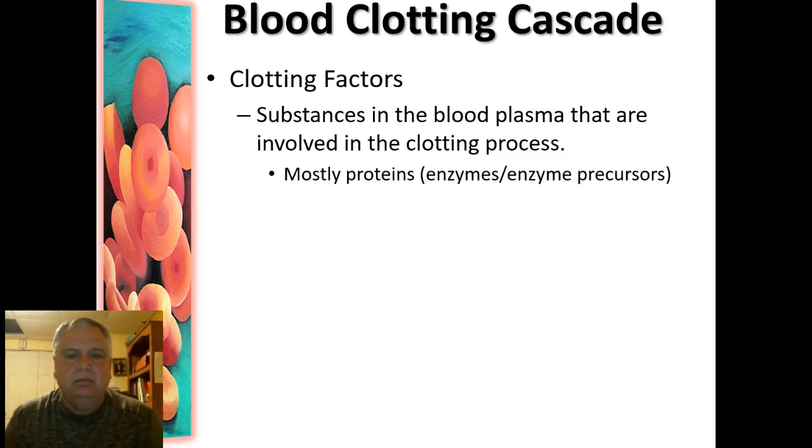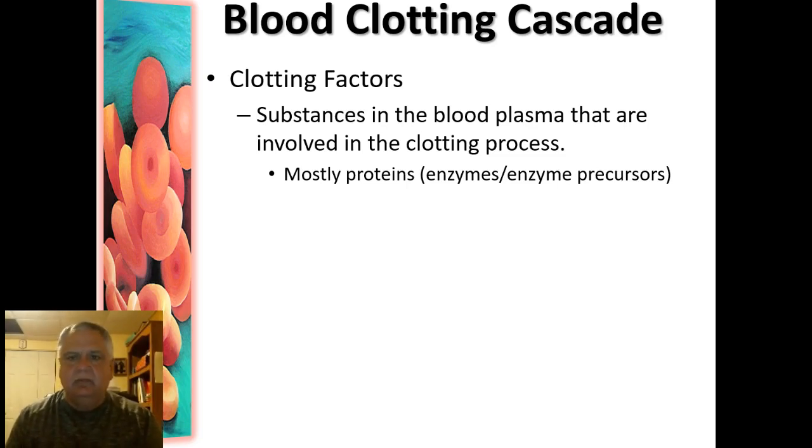Most of them are proteins, either enzymes or enzyme precursors. What's the difference between an enzyme and an enzyme precursor? Enzymes are active. They can do their job that we typically think of with enzymes. Enzyme precursors are enzymes that are in an inactive state. So they have the ability to act upon a particular substrate, but they're not in a form that they can act on that substrate.